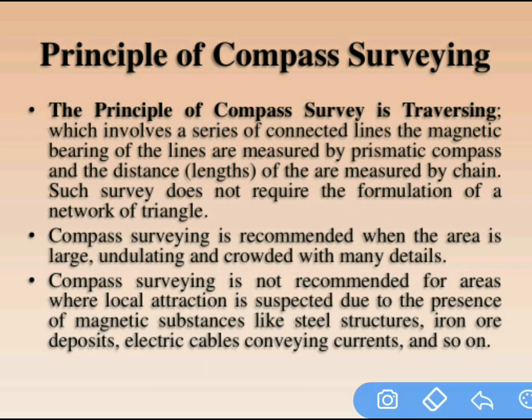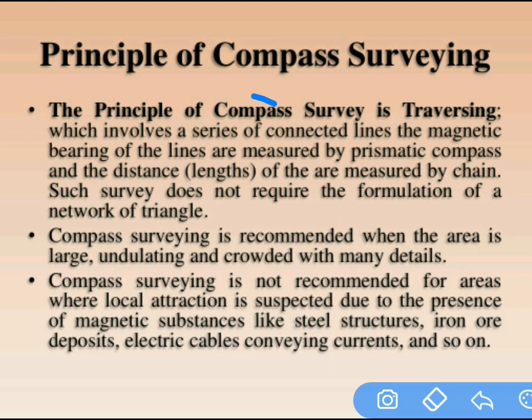Next, compass surveying is not recommended for areas where local attraction is suspected due to the presence of magnetic substances like steel structures, iron ore deposits, and electric cables conveying currents, and so on. See here, I will tell one thing.